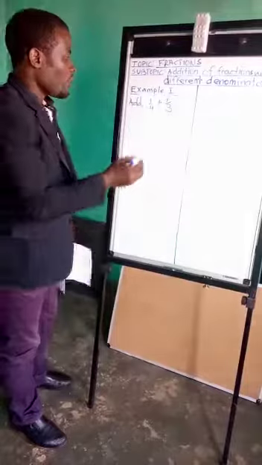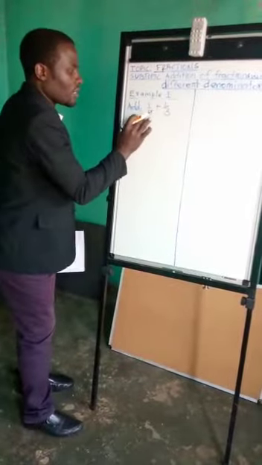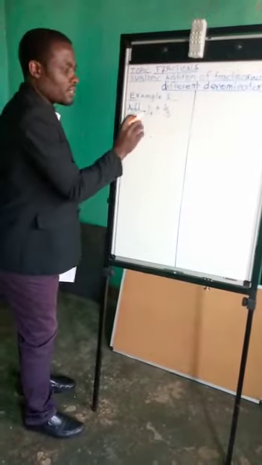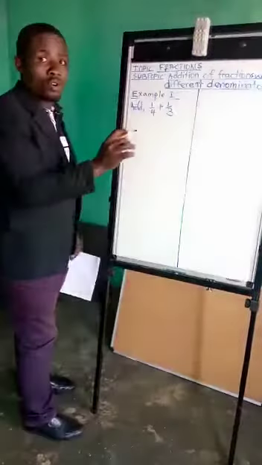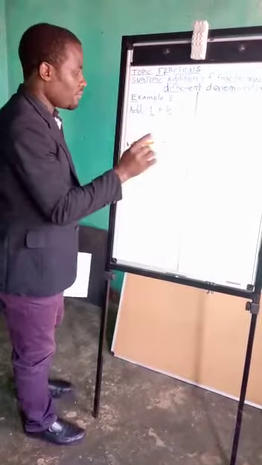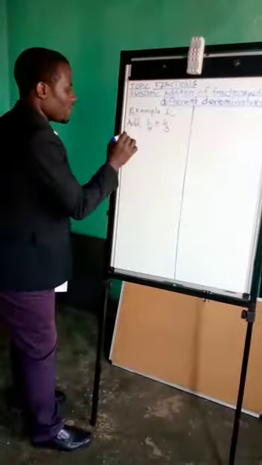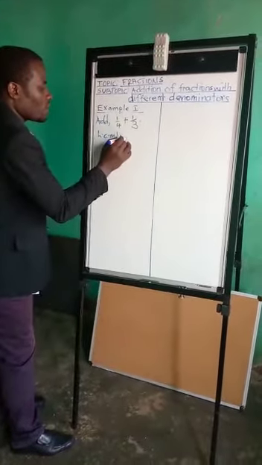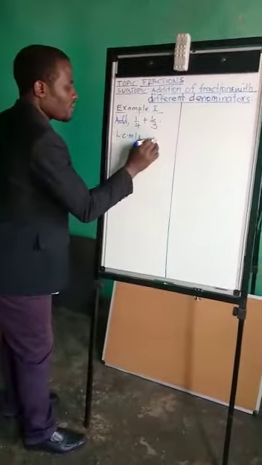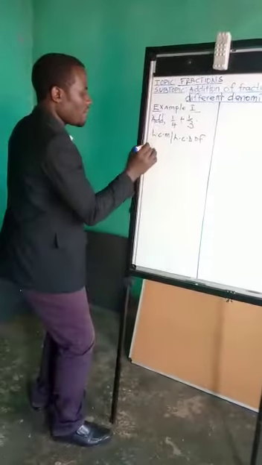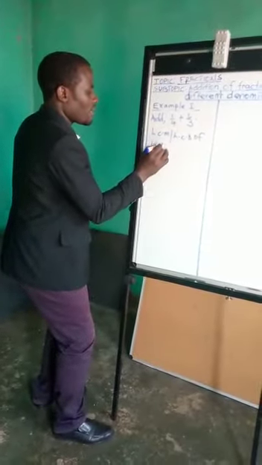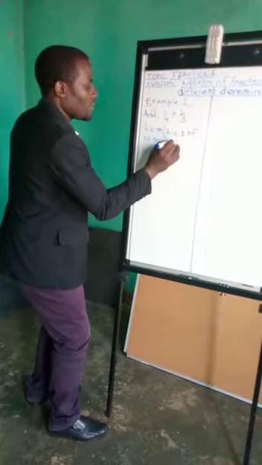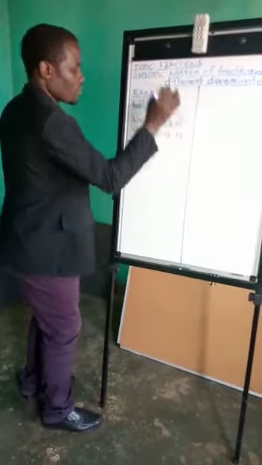Method 1. Since we have different denominators, let's first get the LCM, or lowest common divisor. The LCM of 3 and 4 is 12.